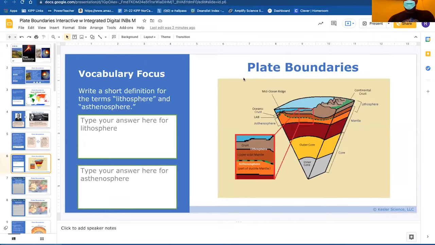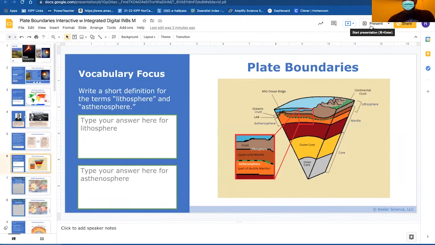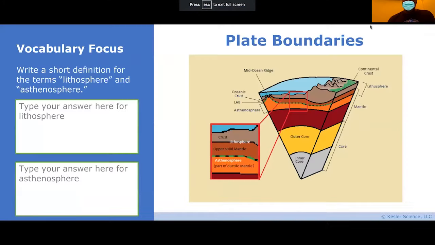All right, vocabulary, plate boundaries. Write the short definition for the terms lithosphere and asthenosphere. You're probably going to get some of that information on the previous slide. Remember, the lithosphere is here.